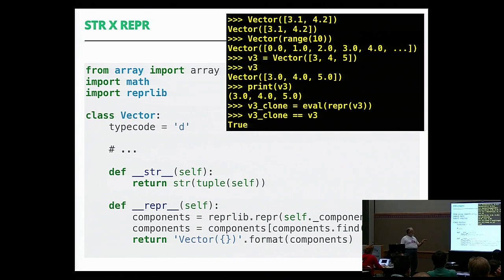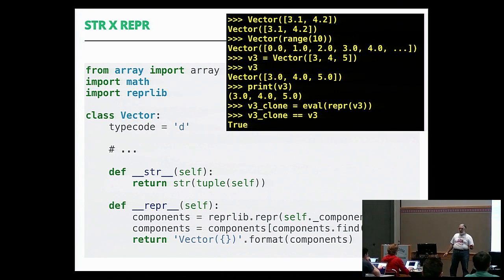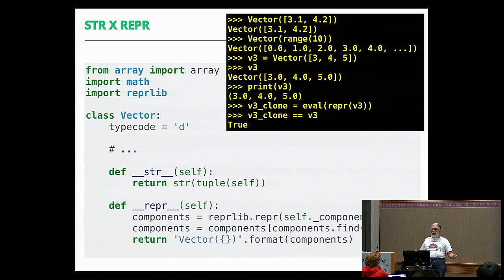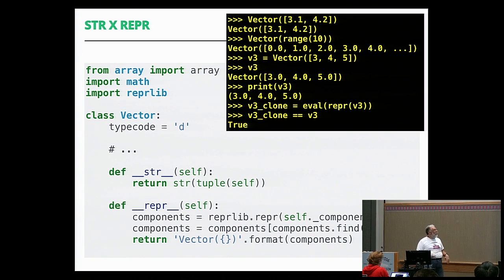So this is useful because if you have a vector with 10 million items, you probably don't want to see that in a log or when you're debugging, right? And this is handled automatically by the repr function from the reprlib.